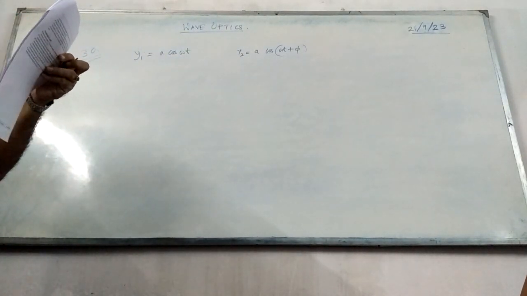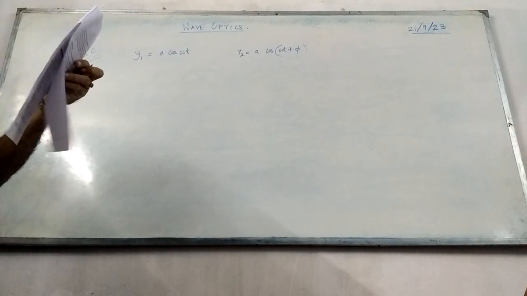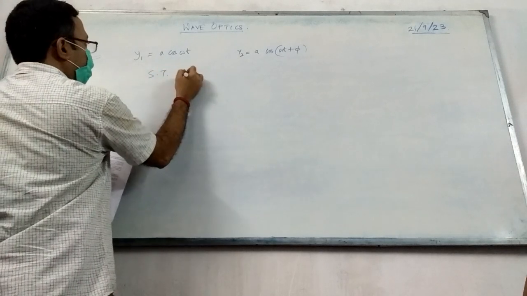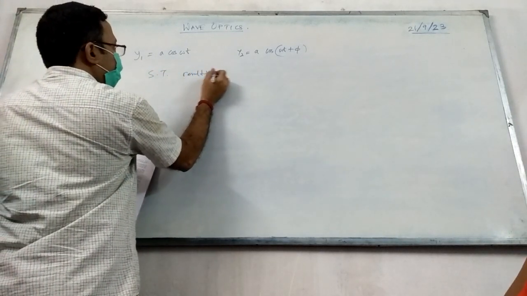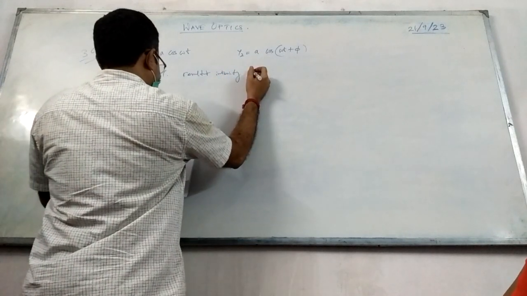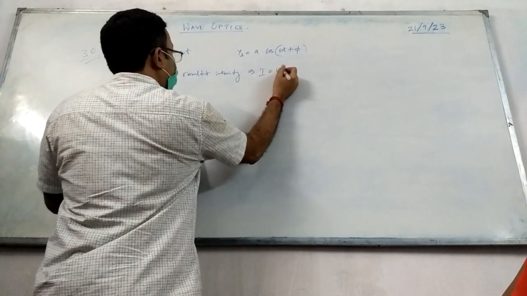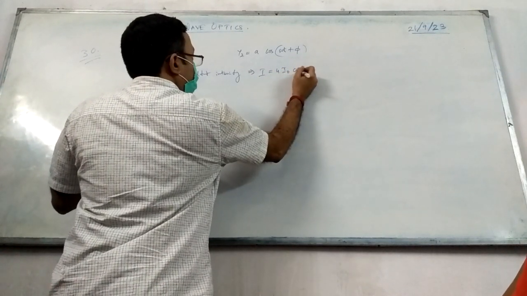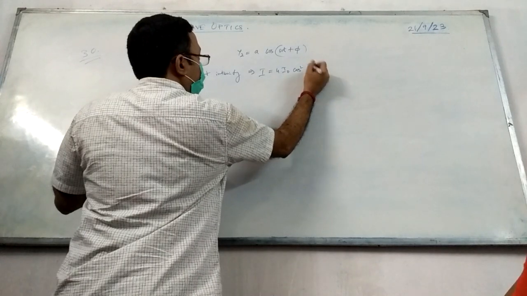Show that the resultant intensity at any point due to their superposition is given by I equal to 4I naught cos square phi by 2.